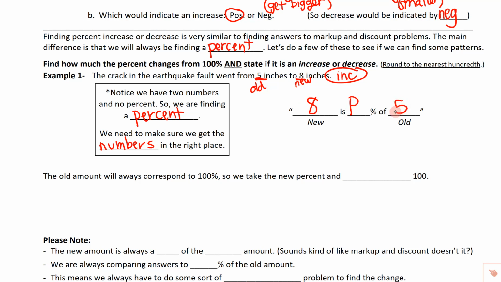The old or original goes there. Now we can set up our equation: 8 equals P percent of 5. There is our equation, and now we're going to solve it.